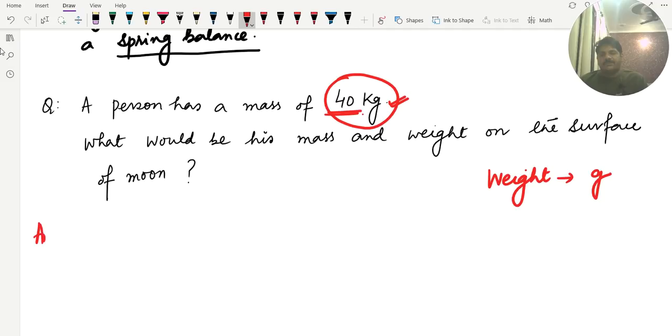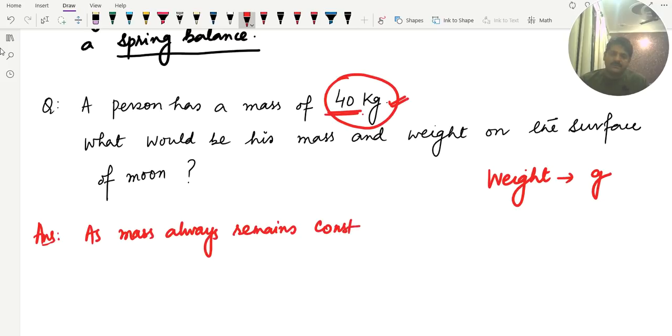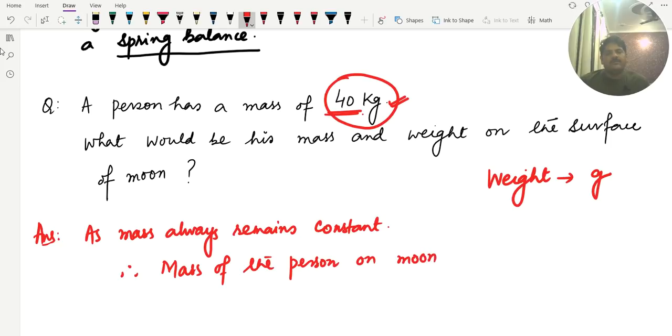So the answer would be, as mass always remains constant, therefore mass of the person on moon would be same: 40 kilogram.